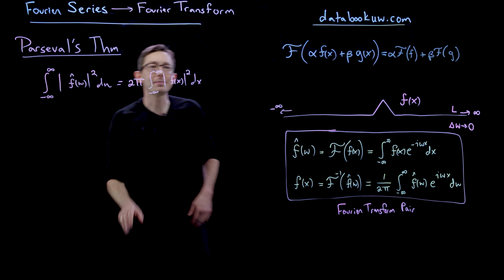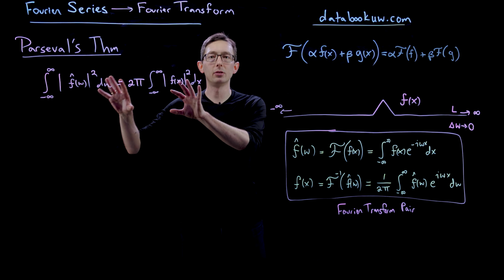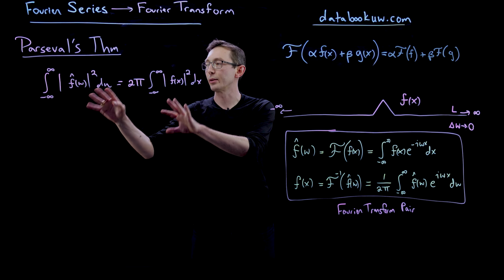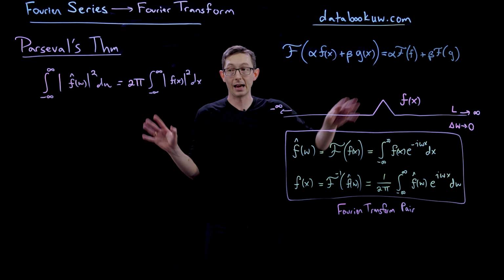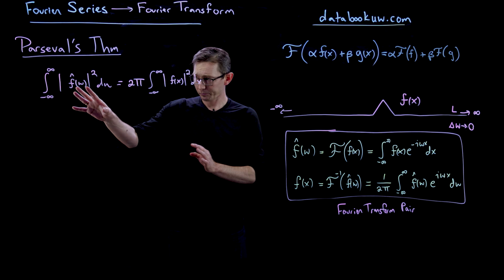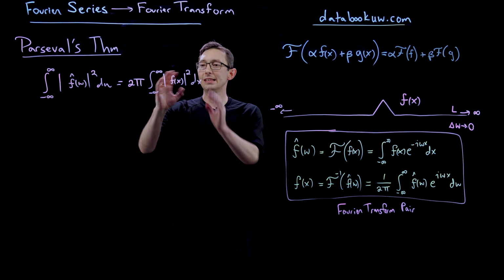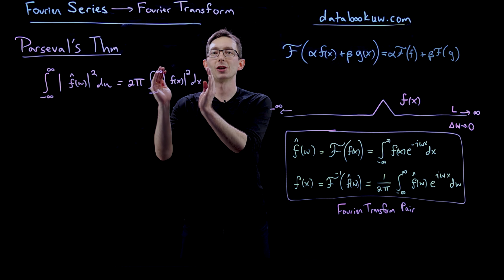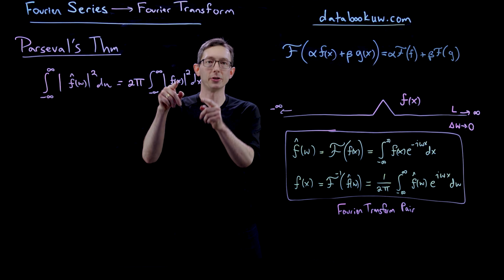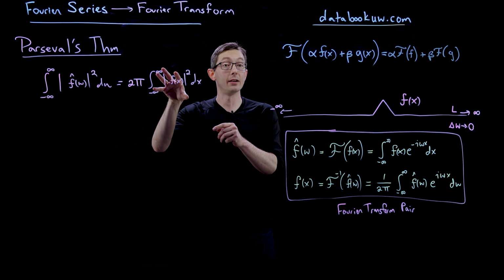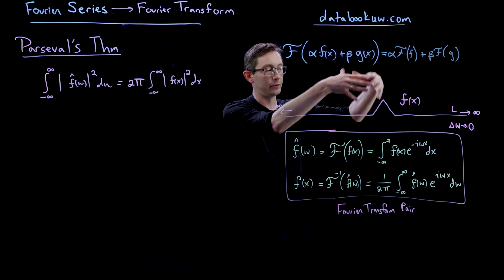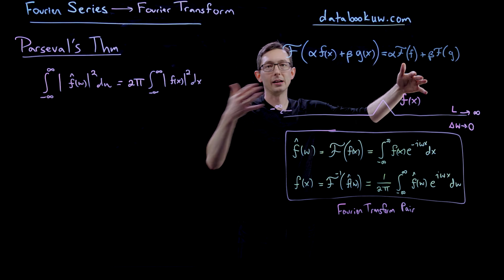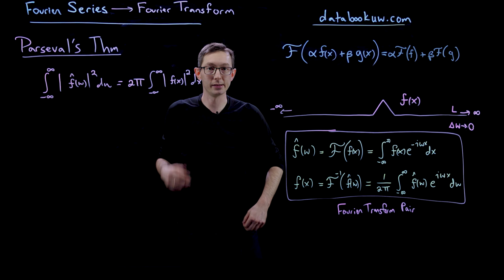Okay? Now this might seem rather simple or rather dull, but this is actually quite a profound statement, and it's going to allow us to approximate these functions f. What this says is that this is a representation of how much energy there is in this function f. This is kind of like the norm of f: how much energy, or area squared under the curve of f there is.